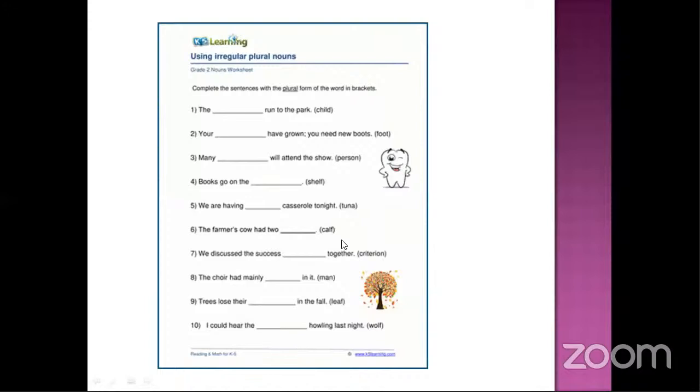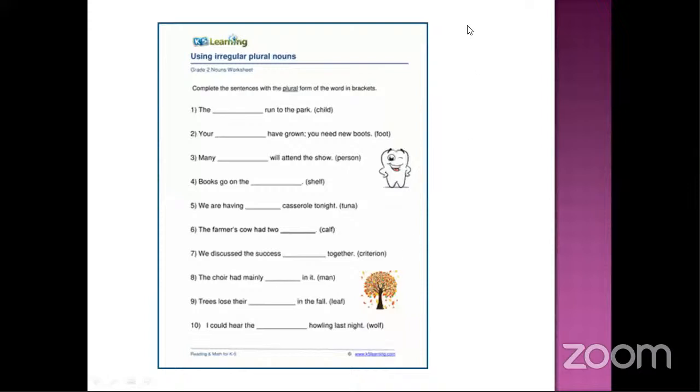Next one, calf. Calf means baby cow. And next one, criterion. Next one, man. Next one, leaf. Last one, wolf.